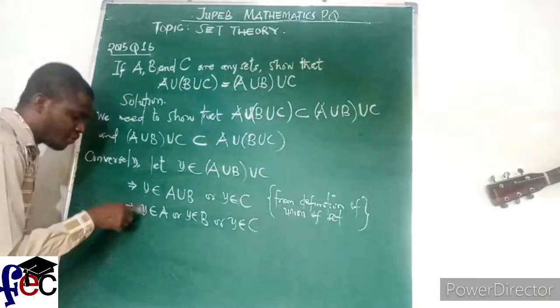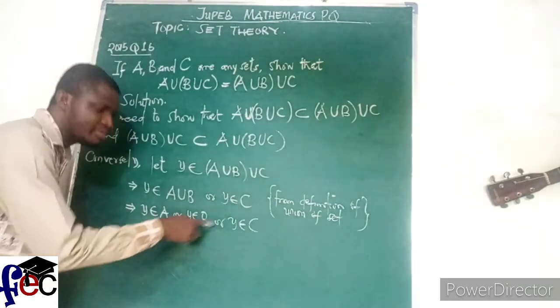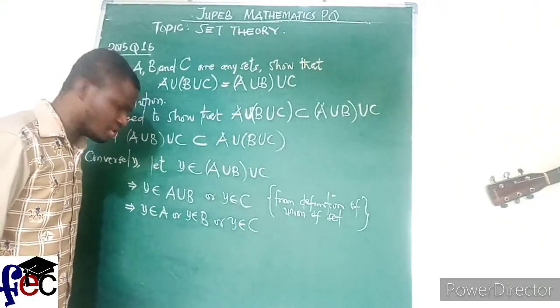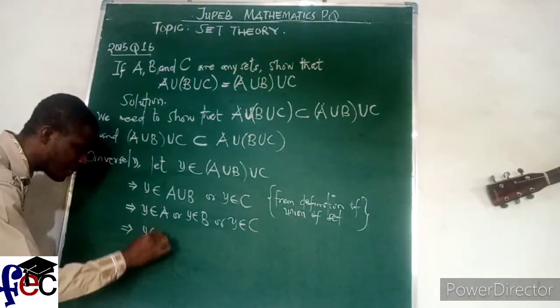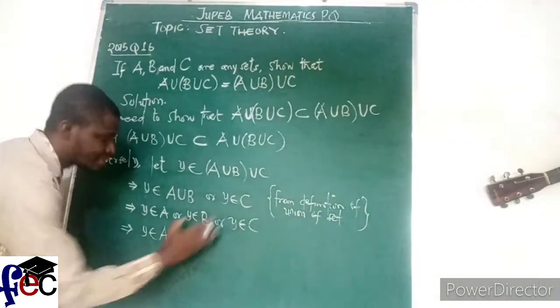Now, I can still use the definition of union to say that this also implies that Y is a member of set A, or now I can recombine this.